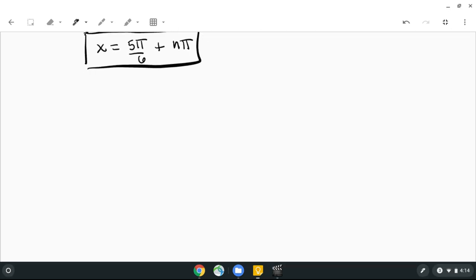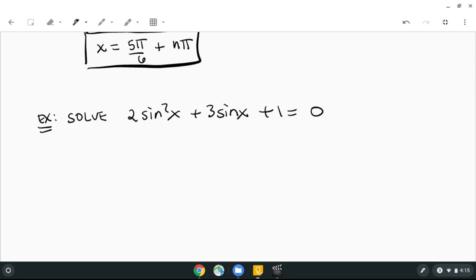Let's take a look at another example. Solve 2 sine squared x plus 3 sine x plus 1 equals 0. Okay, so unlike the other two previous examples, this one has 2 sine functions with x.